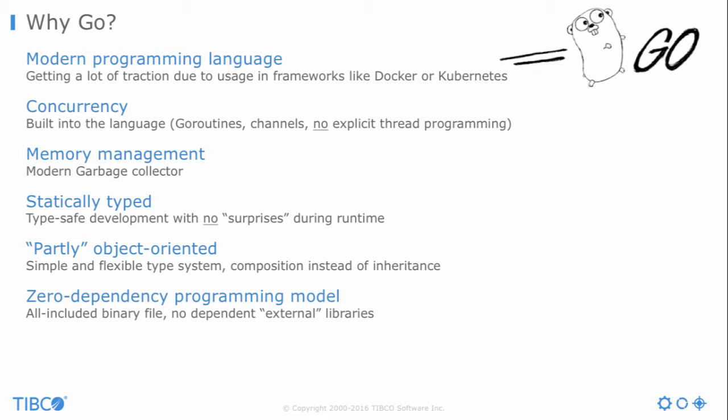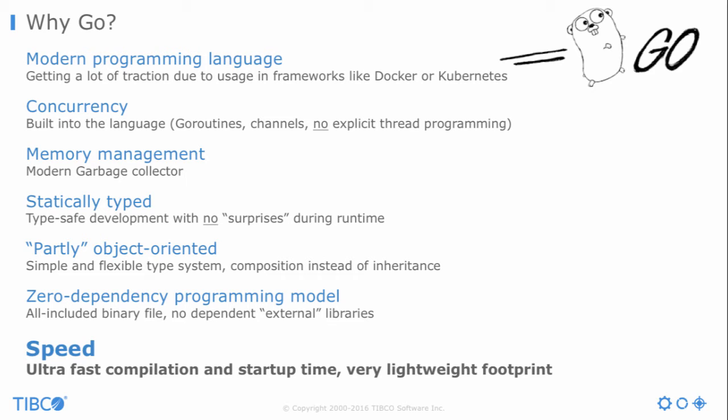And also very important, especially for IoT and edge applications, is Go's zero dependency programming model. So it's all included in a final binary file which you can deploy on the edge. And there's no dependency to external libraries, like all these dependency hells of Java and OSGi and so on, where we have many different libraries which you have to add to your project and to your final jar file in the end.